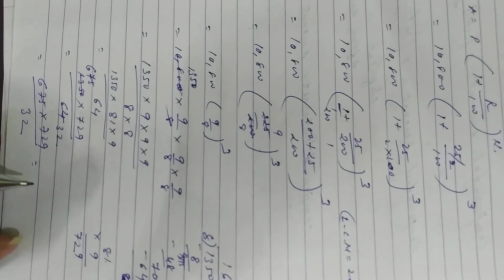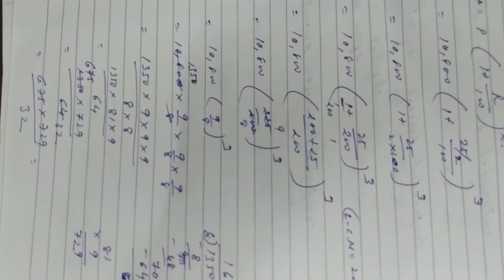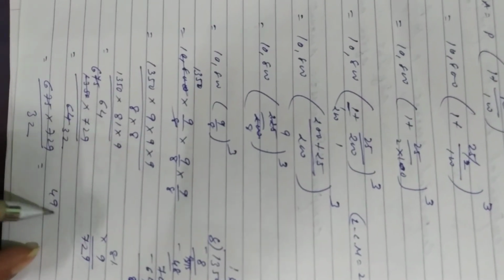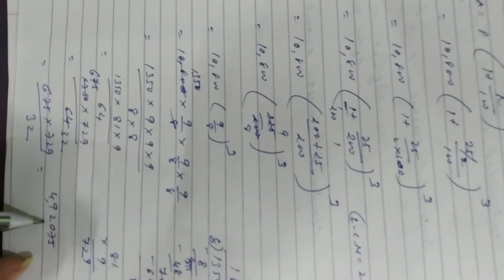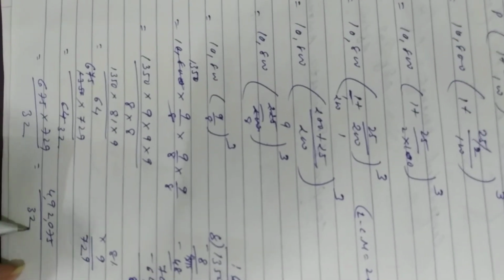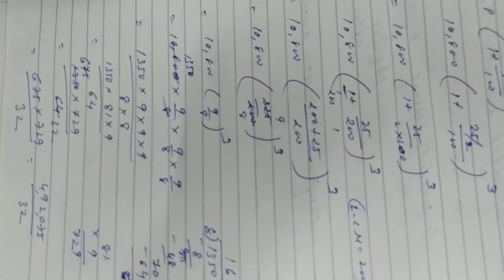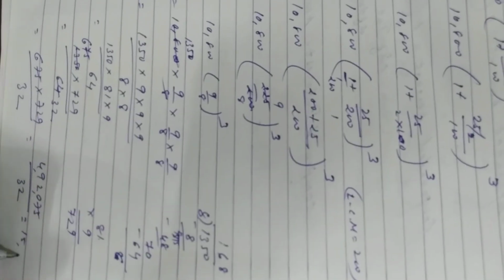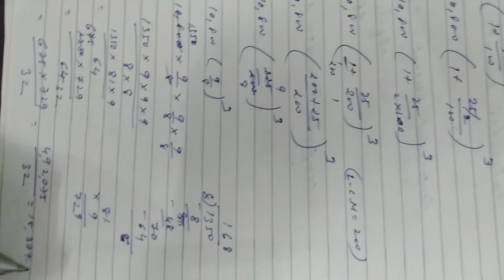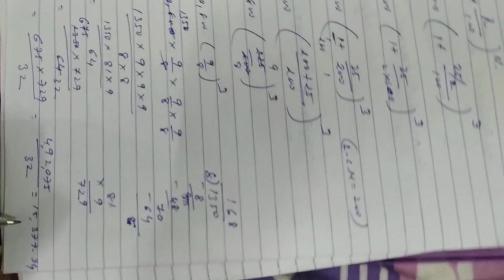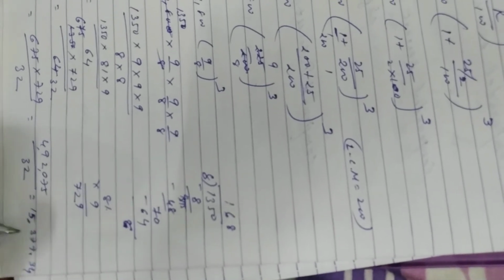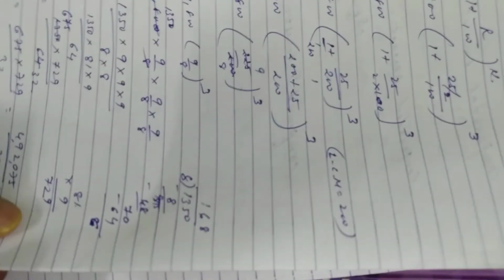Now doing the multiplication, 675 multiplied by 729, what do we get? 492075. 4,92,075 upon 32. If we divide it, we get 15,377.34. So what is it? The amount, 15,377.34 rupees. Now what do we have to find out? Interest, right?